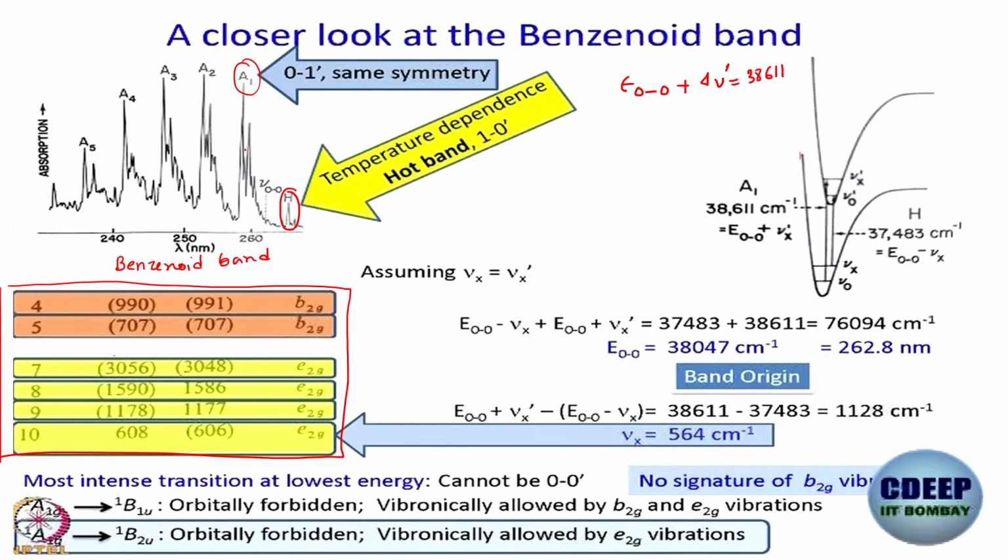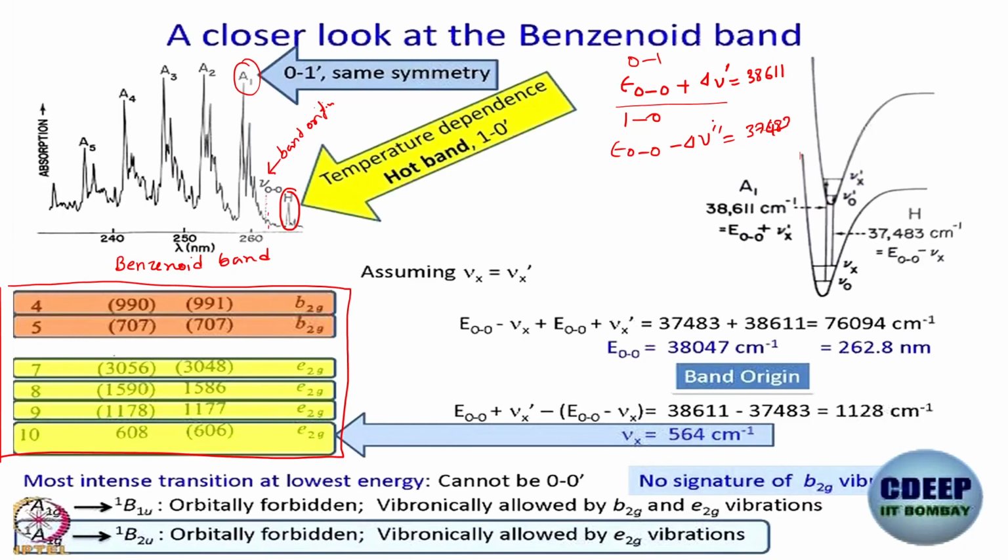The 0 to 0 band will be somewhere here, but you can't see it because this is a band origin, right? So this is your 0 to 1, and 1 to 0 will have 0 to 0 minus delta nu double dash, which is given as 37,483.